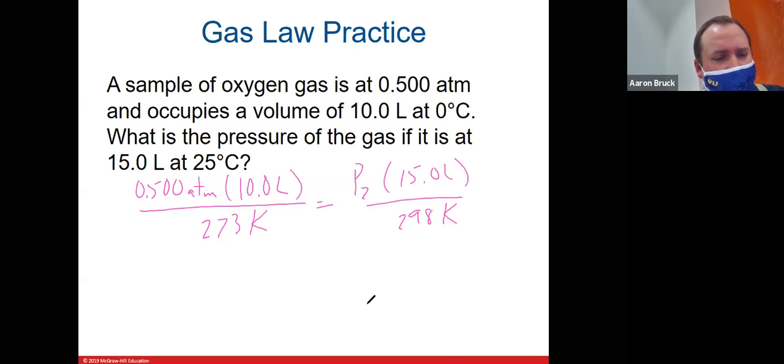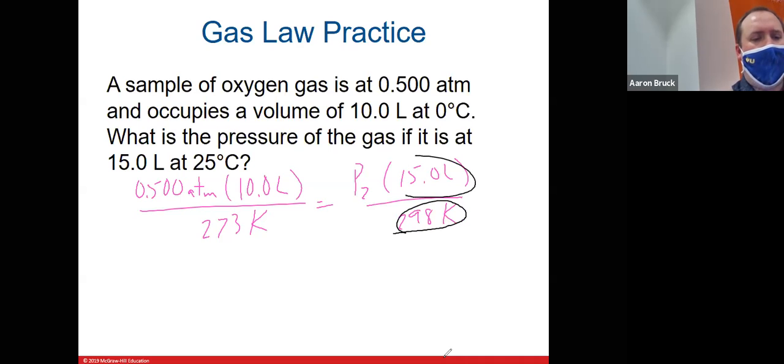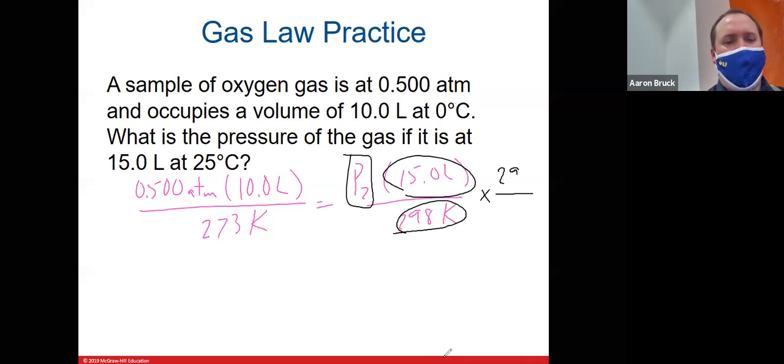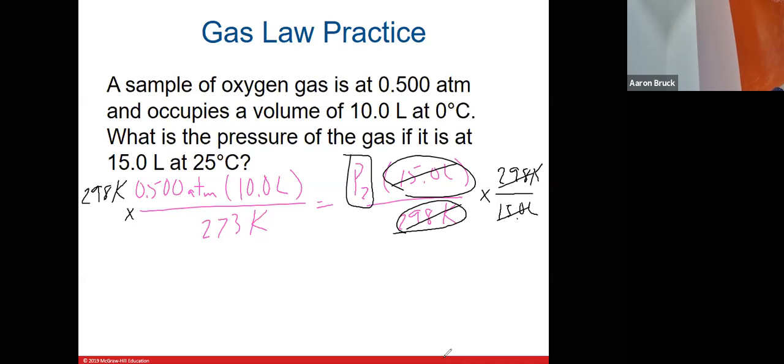Now, what I said, we have to get rid of those two terms to get P2 by itself, which means we multiply by everything in that denominator, which would be 298 Kelvin, and we divide by everything in that numerator other than our P2, which would be our 15.0 liters. On this side, all that means is that they cancel. On this side, since I've got to do the same thing to both sides, 298 Kelvin over 15.0 liters.